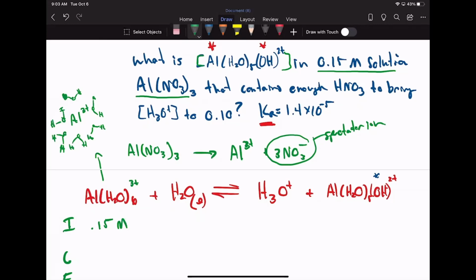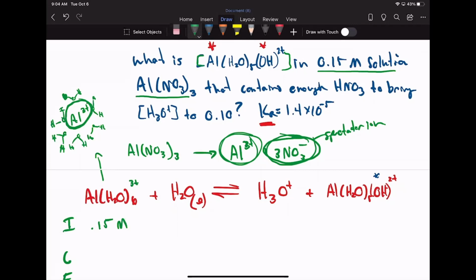So if anybody's going like, Alex, that's AlH2O6, yeah, I realize that, but it's a hydrated metal ion. Here it is. This is my Al3+. This is not a spectator ion. This is a hydrated metal. This is my spectator ion.